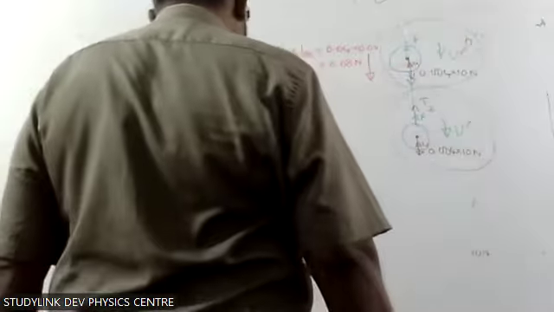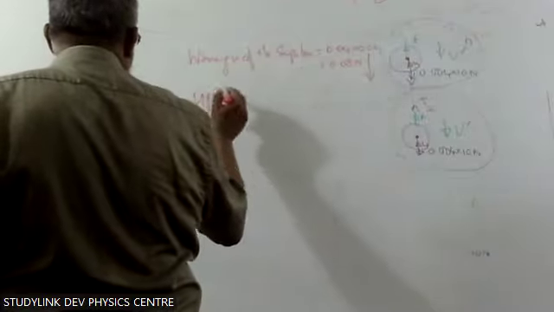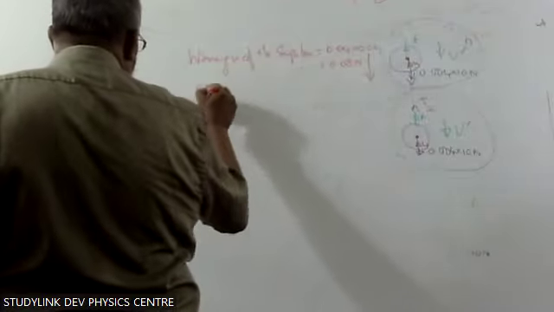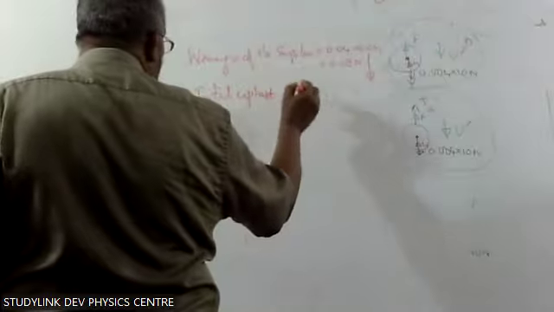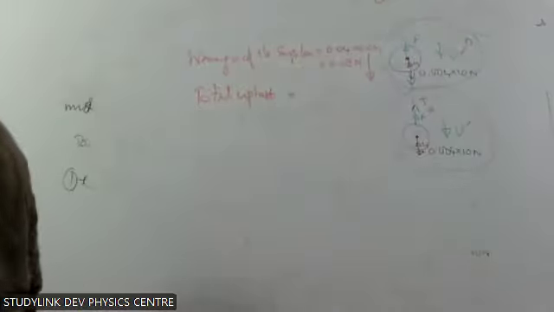Then you consider upthrust. Upthrust, total. Total means on both. Total upthrust. Because we calculated upthrust early, then same upthrust twice you are getting.